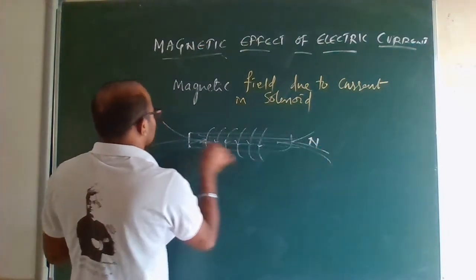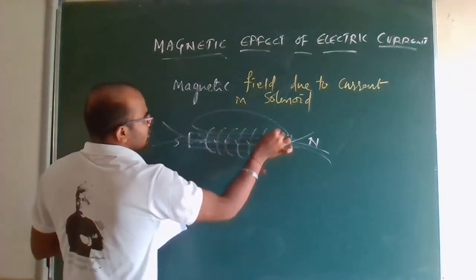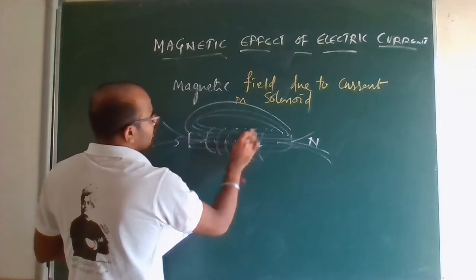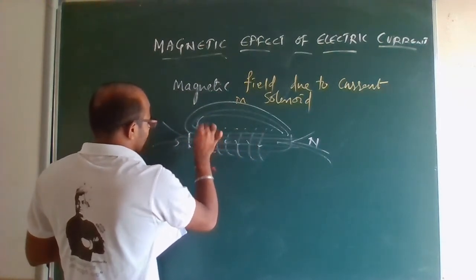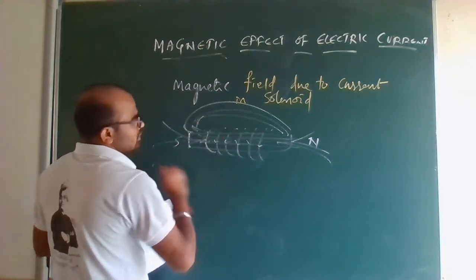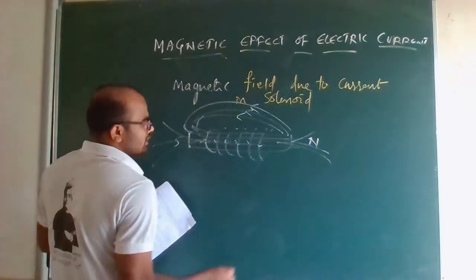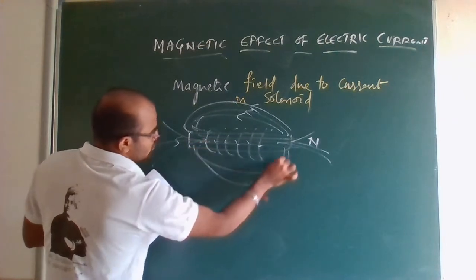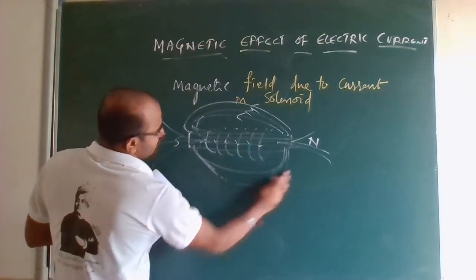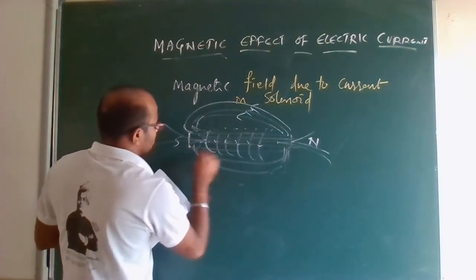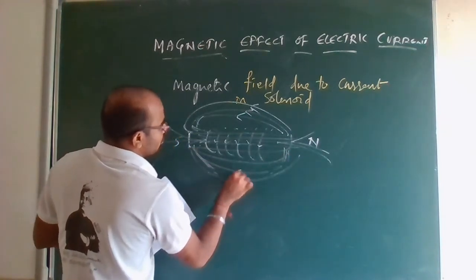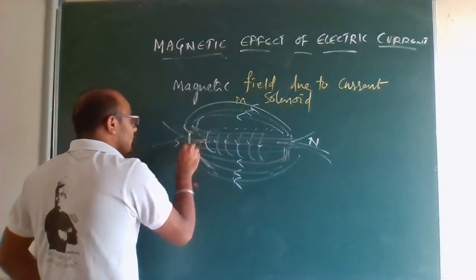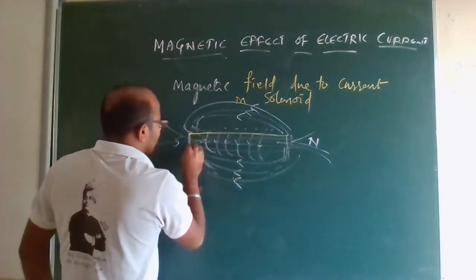They have taken north this side, south this side. The diagram is not that clear, so please refer to the diagram in the textbook. Here I will just explain how it works.